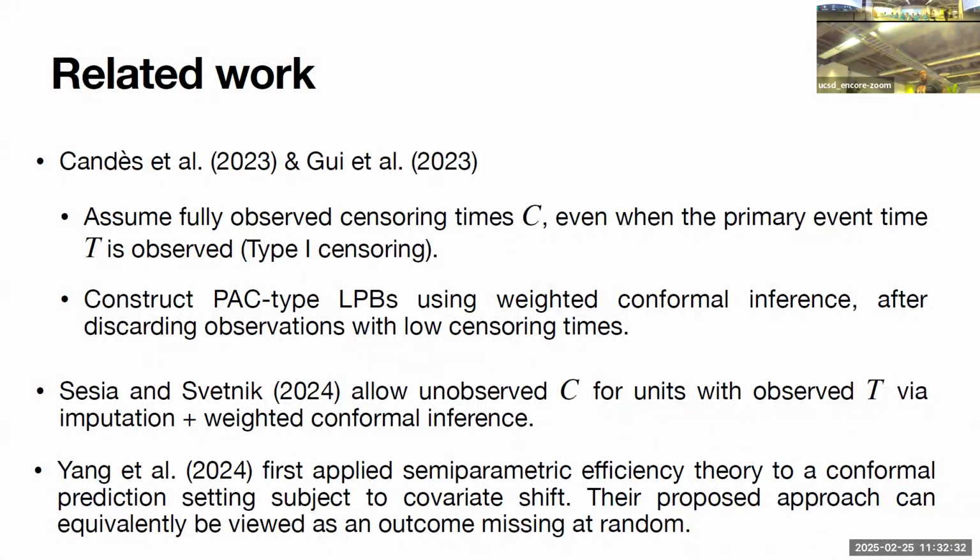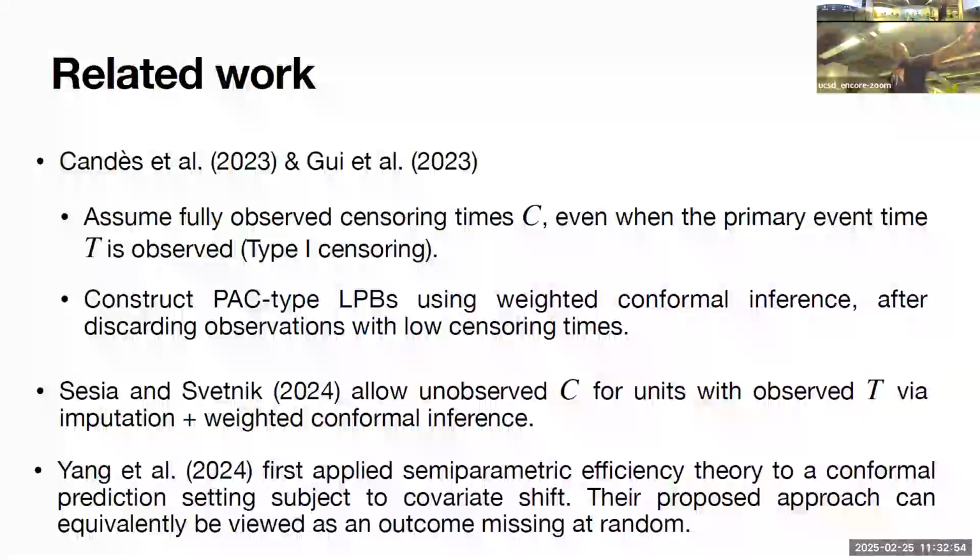When it is always observed, they construct PAC-type LPBs using weighted conformal prediction inference. They require discarding observations with small values of censoring times in the left tail of the distribution, because that messes up their inference.